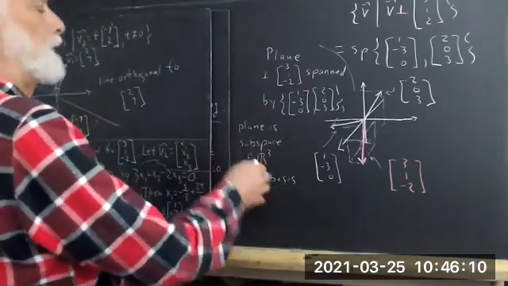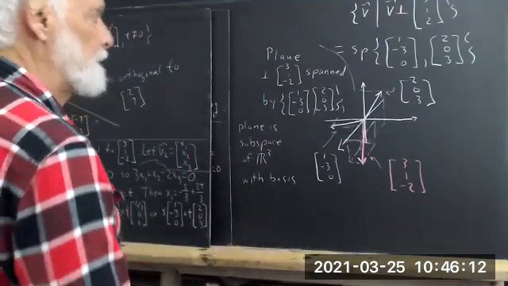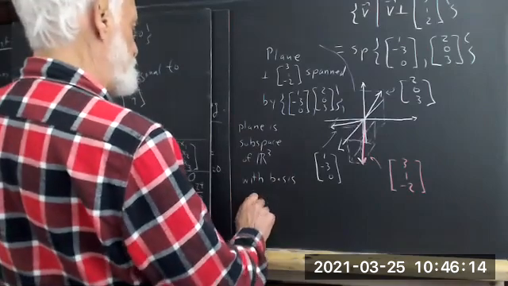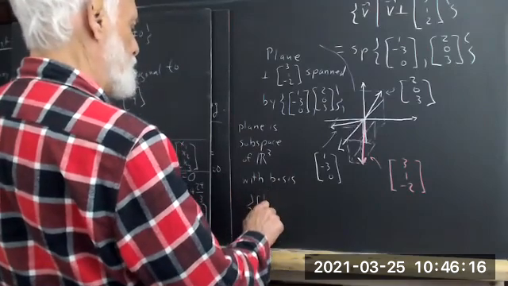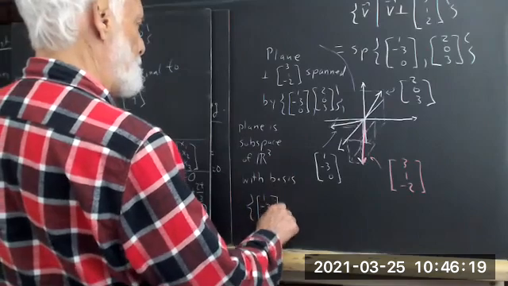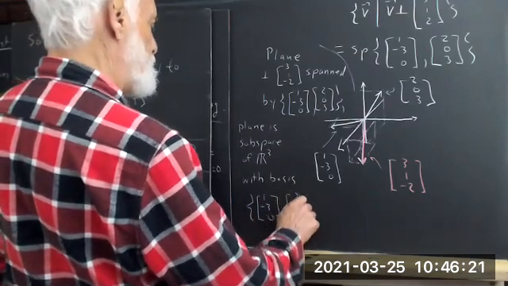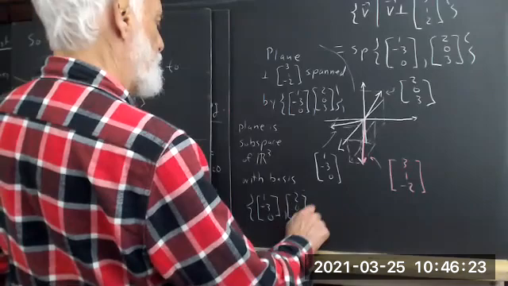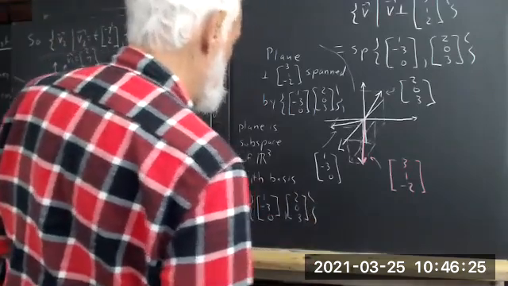That plane is a subspace of R3 and it has a basis: just 1, -3, 0 and 2, 0, 3.